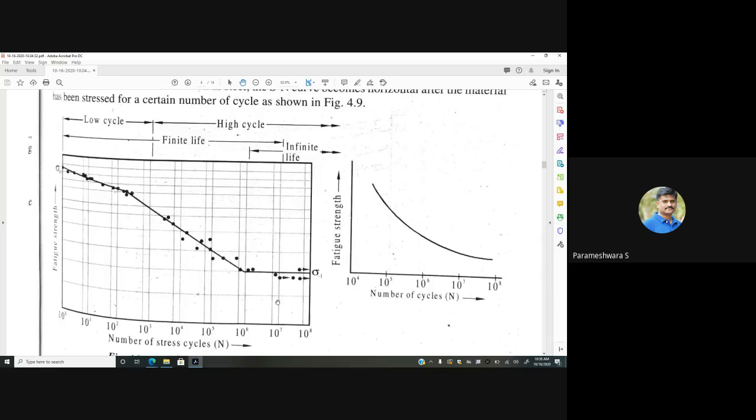Up to 10 raised to 7, it is called finite life. More than that, it is infinite life. So this is the general behavior of a material subjected to fatigue. As the number of cycles increases, the fatigue strength of the material decreases.